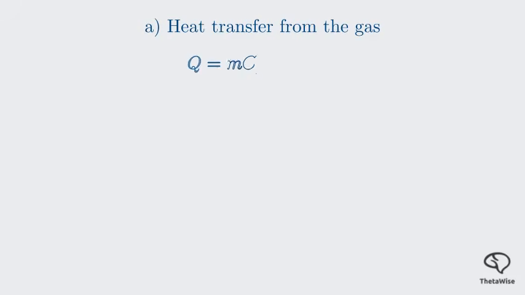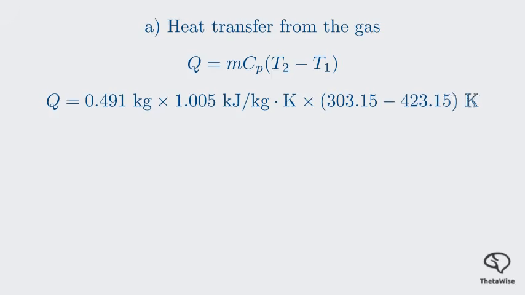Now that we have the mass, we can calculate the heat transfer from the gas. We'll use the formula for heat transfer in an isobaric process. Q equals mCp delta T. Substituting the values we have, Q equals 0.491 times 1.05 times the change in temperature, which is 120 Kelvin.